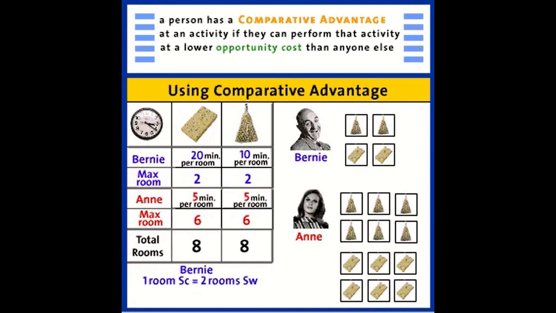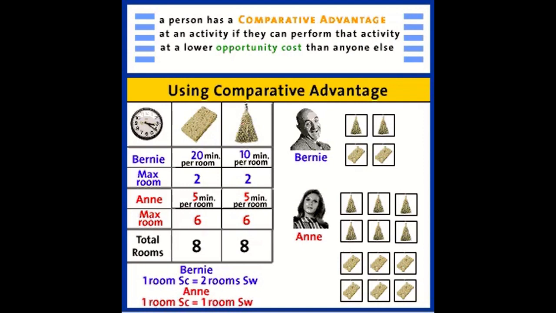So that's his opportunity cost. Now, you can also express this by dividing both sides by 2. His opportunity cost of sweeping 1 room is half a room that he doesn't then have time to scrub. So the opportunity cost for Bernie of scrubbing 1 room is 2 rooms worth of sweeping that he doesn't do.